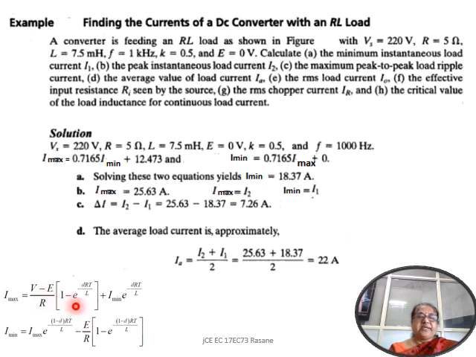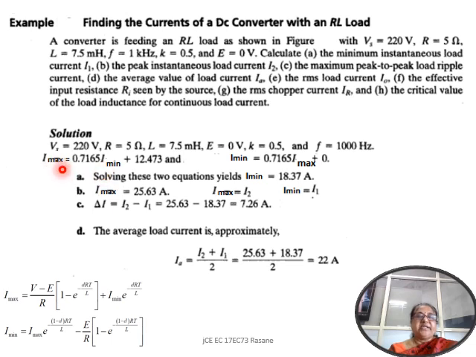So that into 1 minus e to the power of minus D, duty cycle is D, that is 0.5, R is given as 5, T has been evaluated, f is known, so T can be found as 1 by f, L value is given to you, right? So you substitute these values and you'll be getting I max in terms of I minimum.